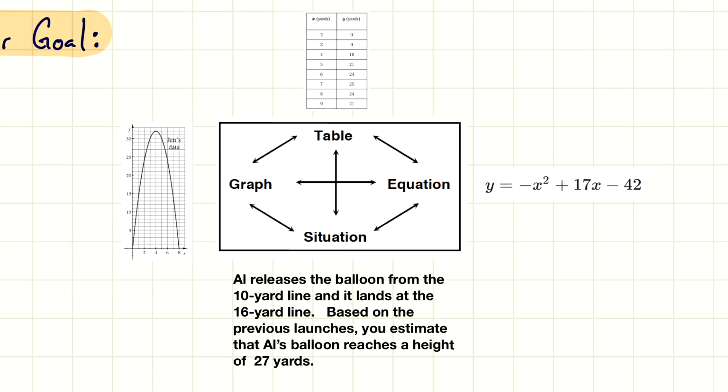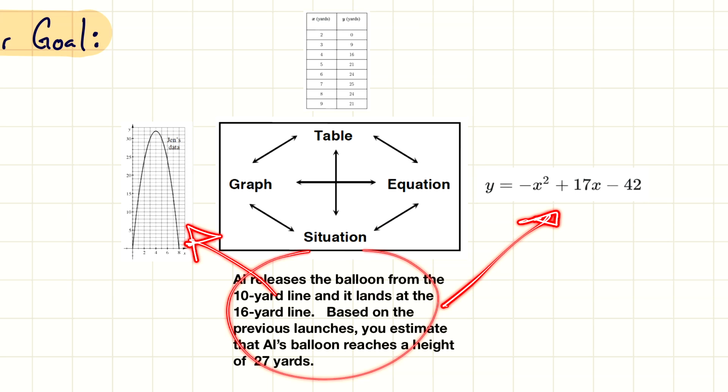In this case, it says Al releases the balloon from 10 yards away. So it's telling you some information that is key to what the graph might look like. Or there might be more specifics of what the x-intercept or y-intercept is, little details about the graph that someone could take to create the graph, or even write an equation.